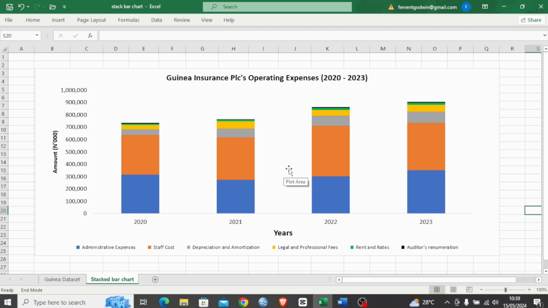So, today we'll be delving into the operating expenses of Guinea Insurance PLC from 2020 to 2023, pardon me.